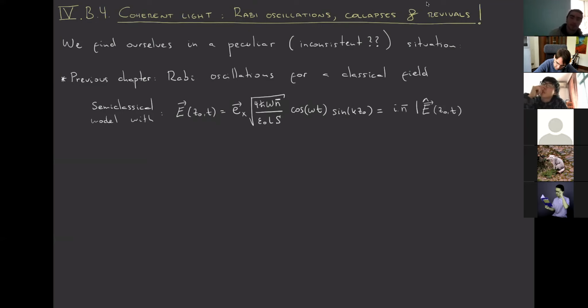So this is n and then the square root, and with a minus, if I remember properly. So this state in here is a coherent state.